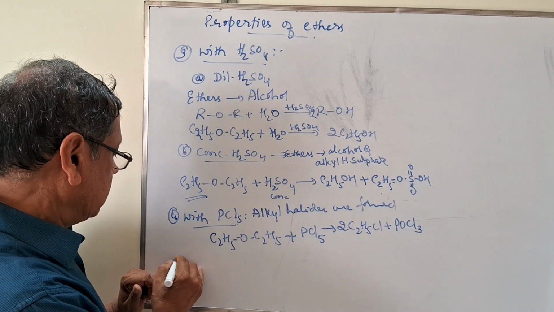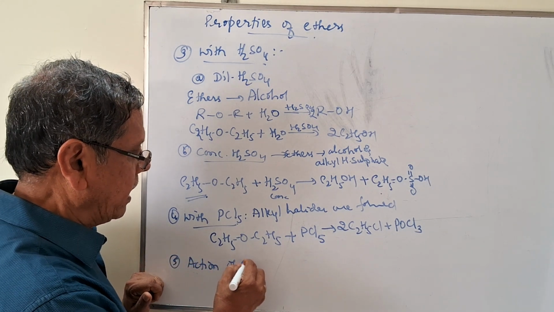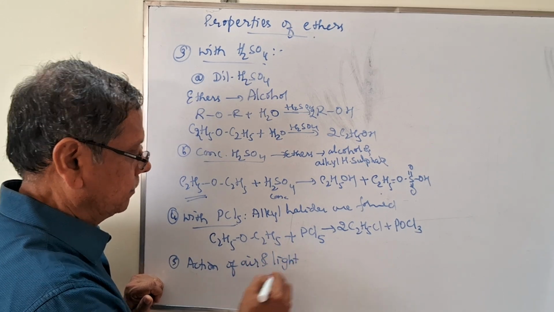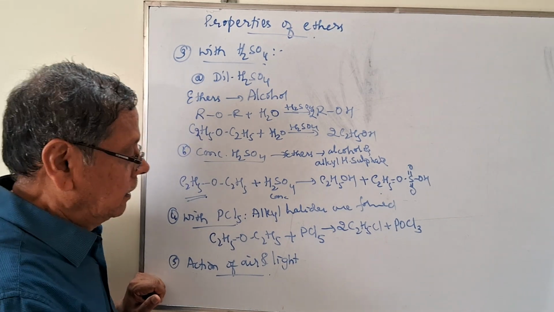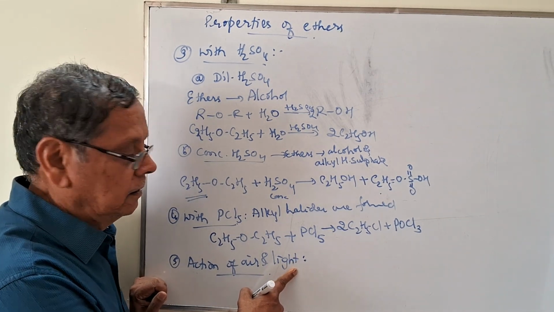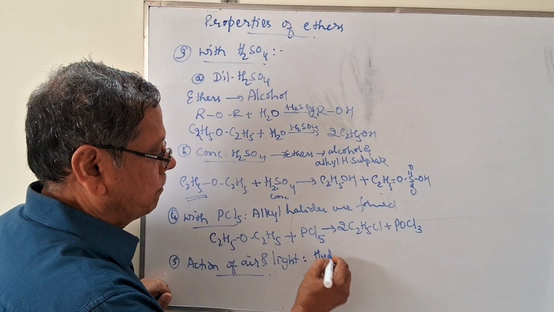Then the next one is action of air and light. When you expose ethers to air and light, then they will form the hydroperoxides.